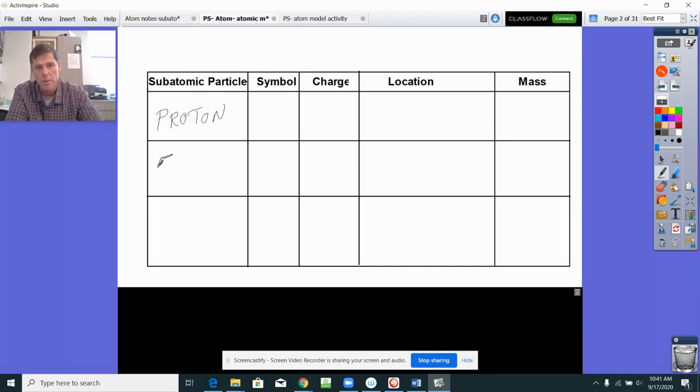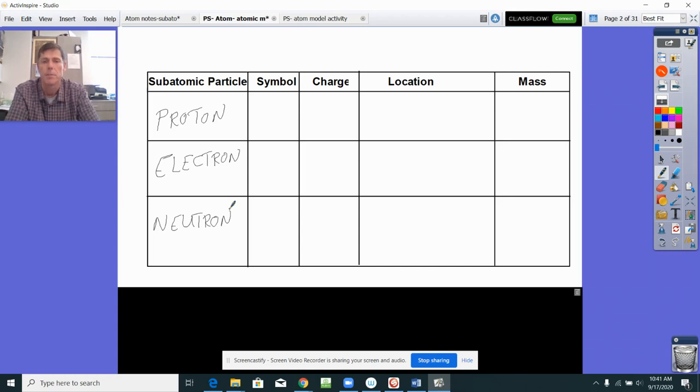You've hopefully heard of an electron. And you may or may not have heard of, which one? That's right, the neutron. Okay, so those are the particles themselves, proton, electron, or neutron.